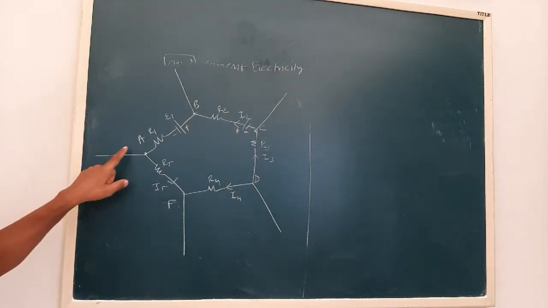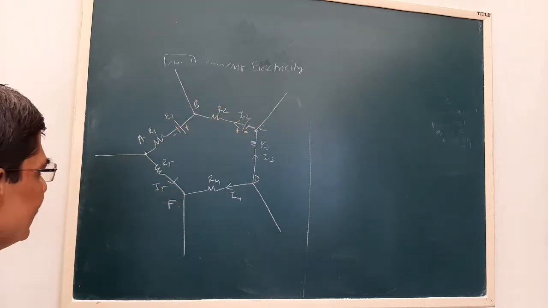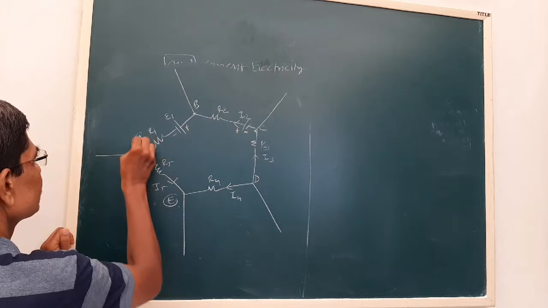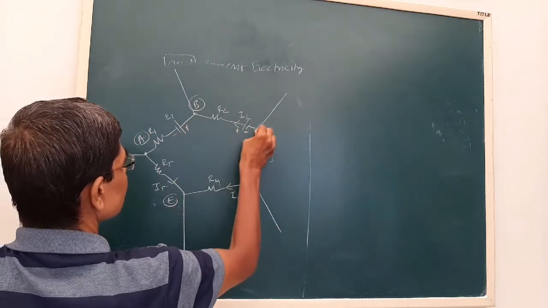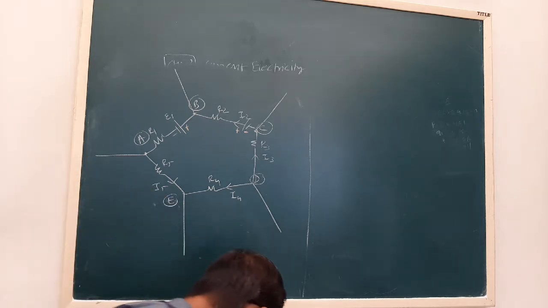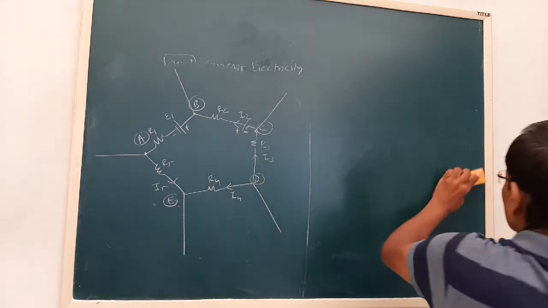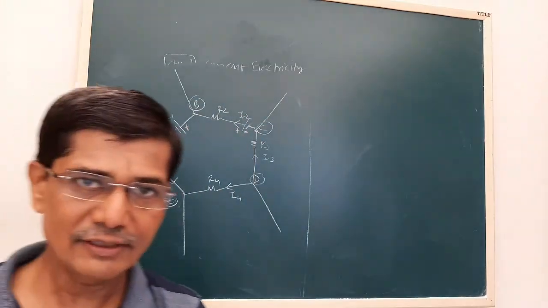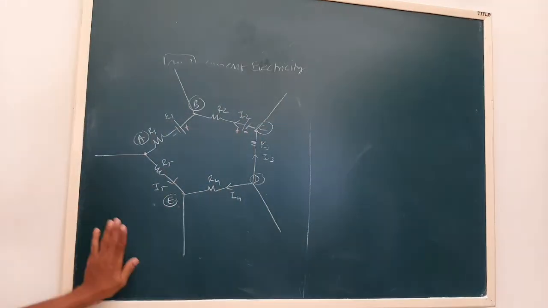See, the loop is A, B, C, D, E, A. Okay. Now, we have to write the equation for this given circuit. By using the conventions which we have discussed, we have to write the equation.